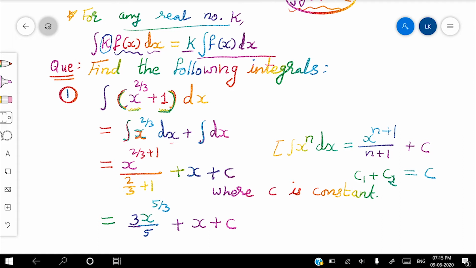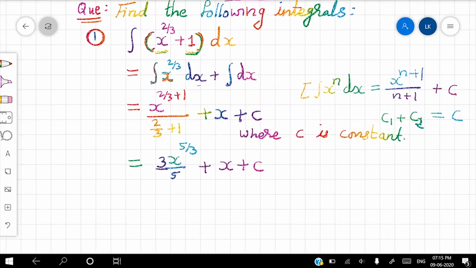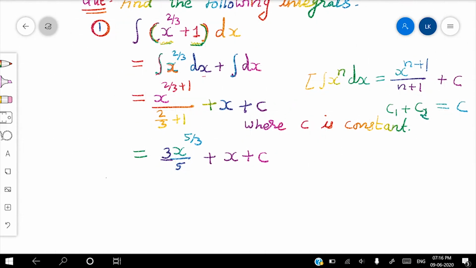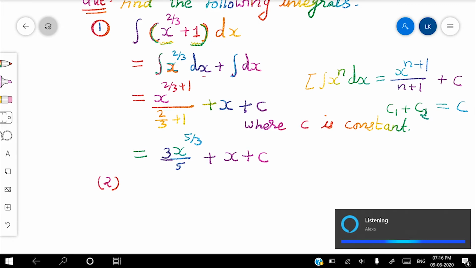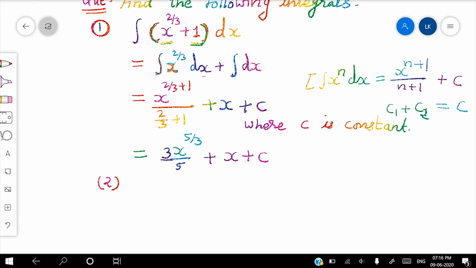Concept must be clear. This is our first example of the integration, therefore I am explaining each step. In the second example, first try yourself. Mathematics you cannot do directly without writing.